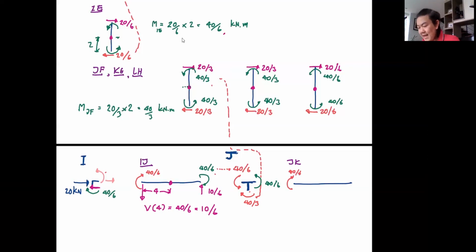Actually you can get ahead of yourself a little bit, because if you know the end moment here is 40 over 6, you can guess the opposite end must be equal and opposite, right? But be careful, because member JK has different length from member IJ. That's the hinge, and this is 2 meters rather than 4. So now your shear here is going to be V multiplied by 2 is equal to 40 over 6.